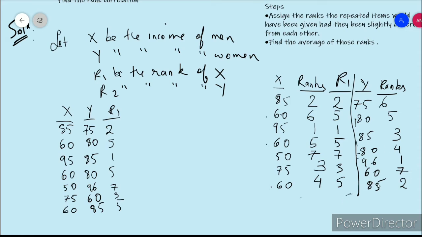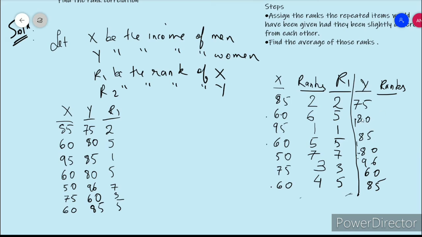So we have 85 as the repeated item, so let me just repeat it. Hence it's very important to check for those repeated items. So here the repeated items are 80 and 85, and according to the steps we have to first assign the ranks the repeated items would have been given had they been slightly different from each other, and then we find the average of those ranks.